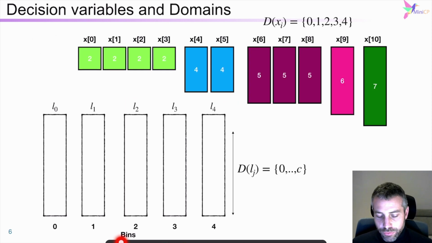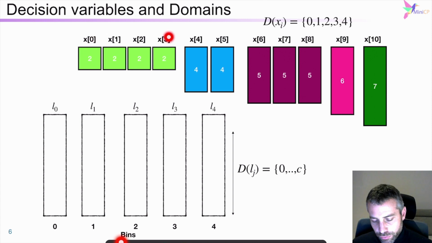For the decision variables, I will introduce one decision variable for each item. I will call it X, and it represents the identifier of the bin in which I will place the item. For instance, if X0 takes the value 1, it means that this item will be placed into bin 1.